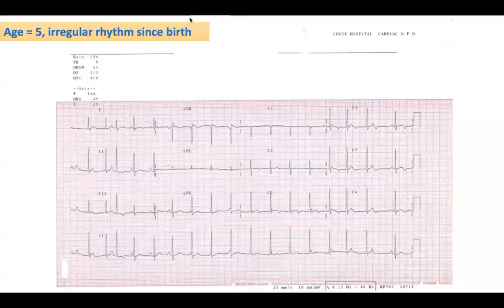Short PR interval. Okay, short PR interval. And what comes to mind when you start with the P wave? I'm not sure who said short PR interval, but this patient has congenital JET.